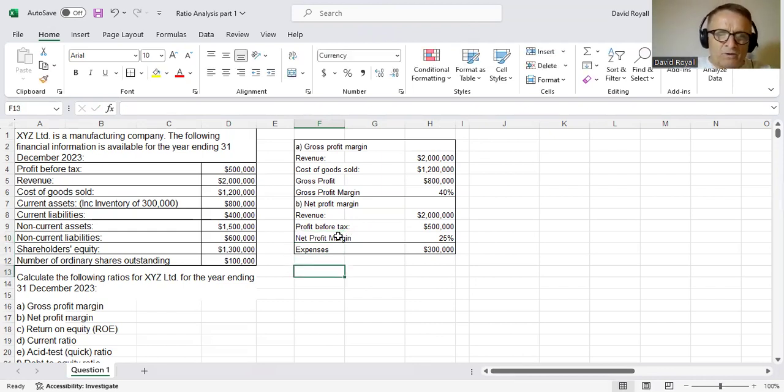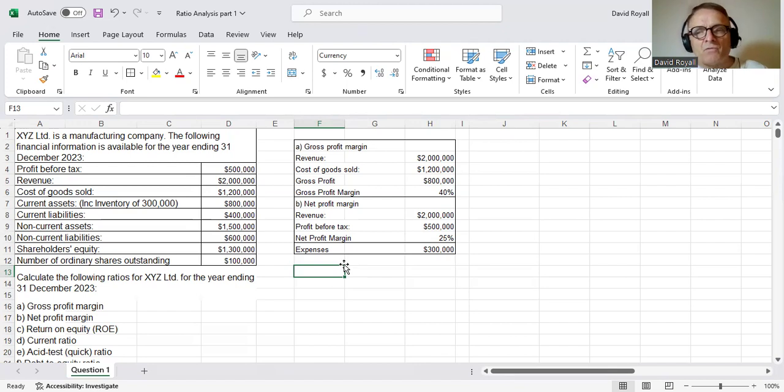Whereas compared to, for example, a grocery store or a supermarket, I'm thinking of high street big stores like in the UK, Tesco, in the US, Walmart.